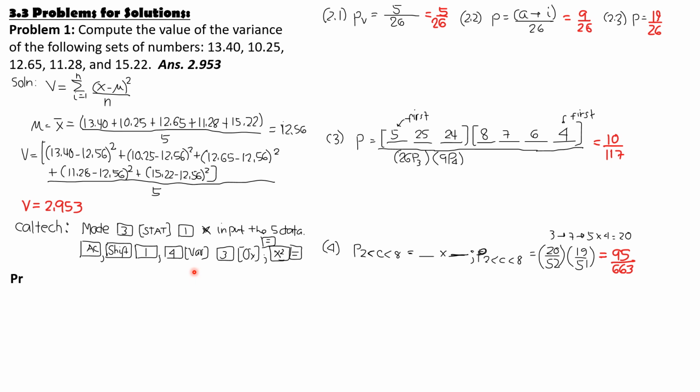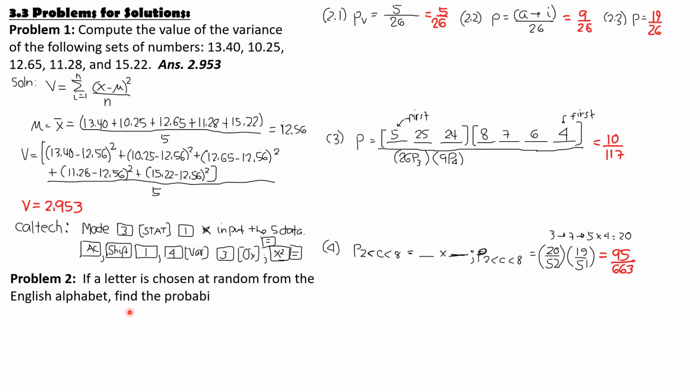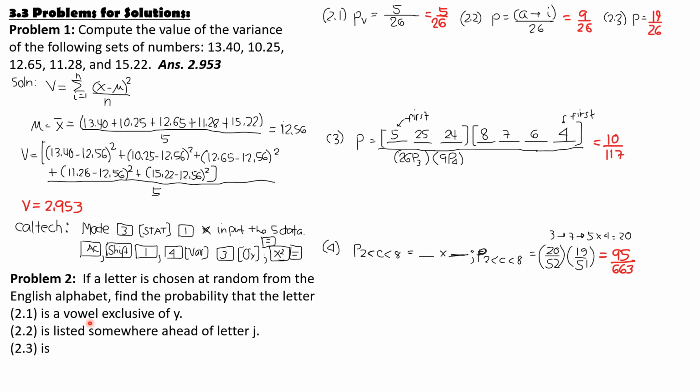Then for the next problem, if a letter is chosen at random from the English alphabet, find the probability that the letter 2.1 is a vowel, exclusive of Y. So this is just to confuse you, because a vowel consists of 5 letters: A, E, I, O, and U. Y is not part of the vowels, so it's just part of the question to confuse you, but there are still 5 letters in a vowel.